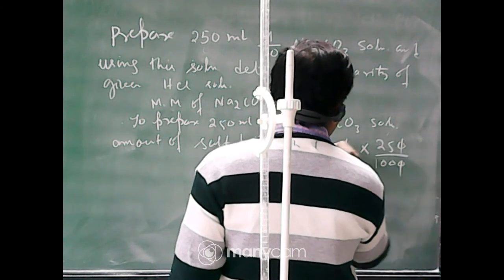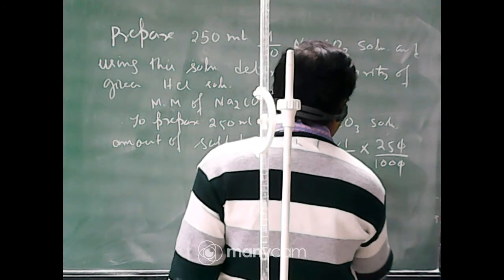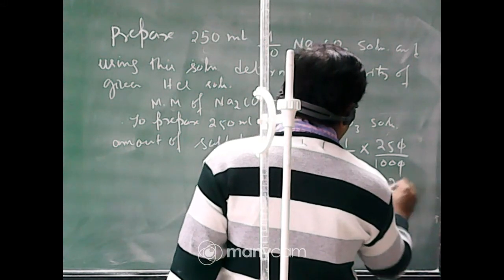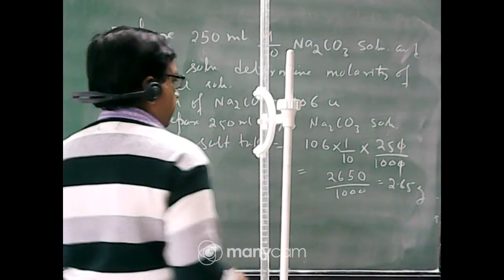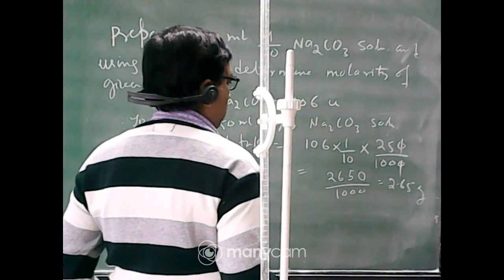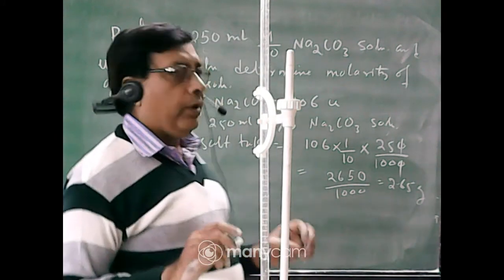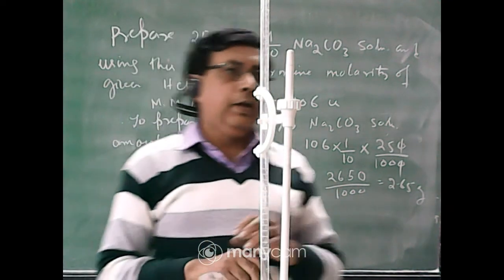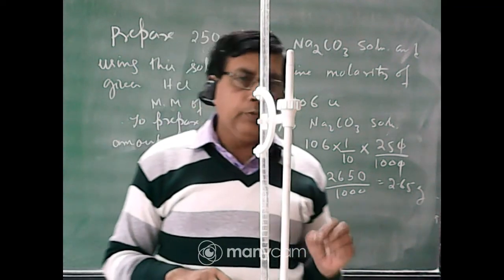So it comes to 2.65 gram. So you have to take 2.65 gram sodium carbonate by the weighing balance and dissolve in a volumetric flask of 250 milliliter.